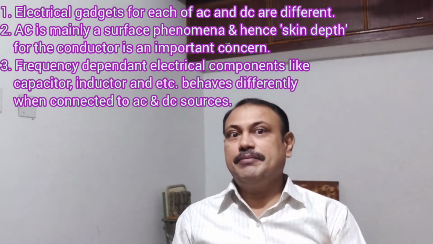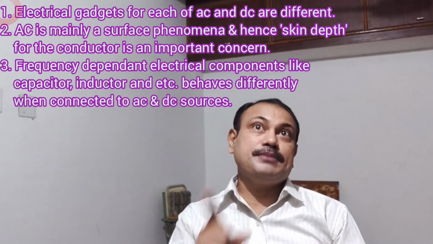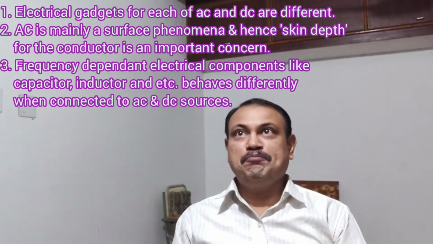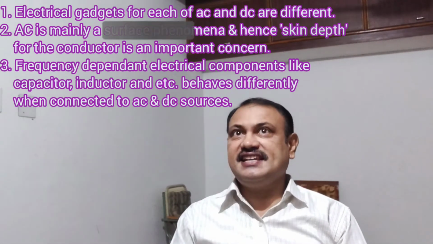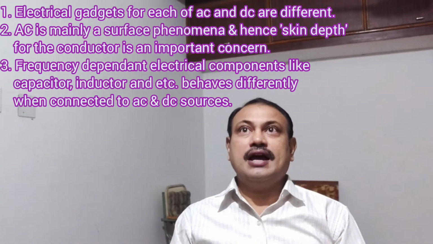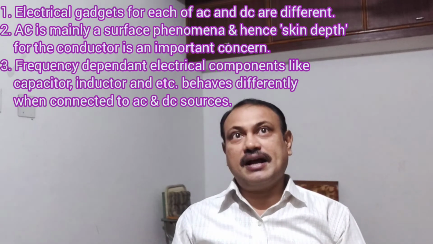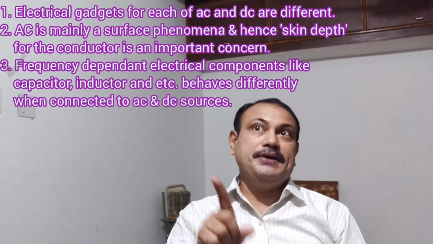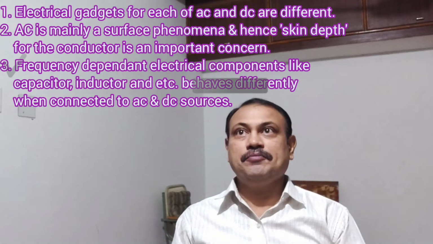Now beyond the comparison of AC and DC, we must remember a few things: the electrical gadgets for each of AC and DC are different. AC is mainly a surface phenomenon, and hence the skin depth of the conductor is a most important concern. And frequency dependent electrical components like the capacitor and inductor behave differently when connected to AC and DC sources.